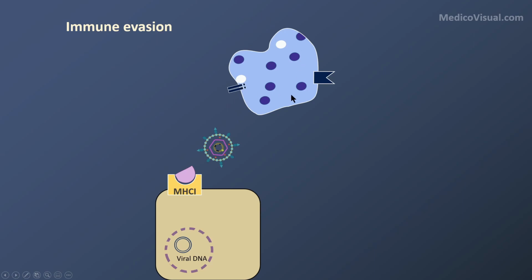Although they are part of the innate immune system, meaning that they do not have immunological memory, they still can detect the virus particles with great accuracy with these special receptors, right?